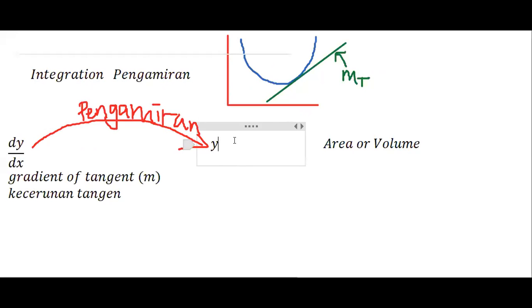Curve not necessarily curve line lah. It can be straight line. Kalau saya nak cari luas ataupun isi padu, I want to find the area or volume, I also can do second integration.